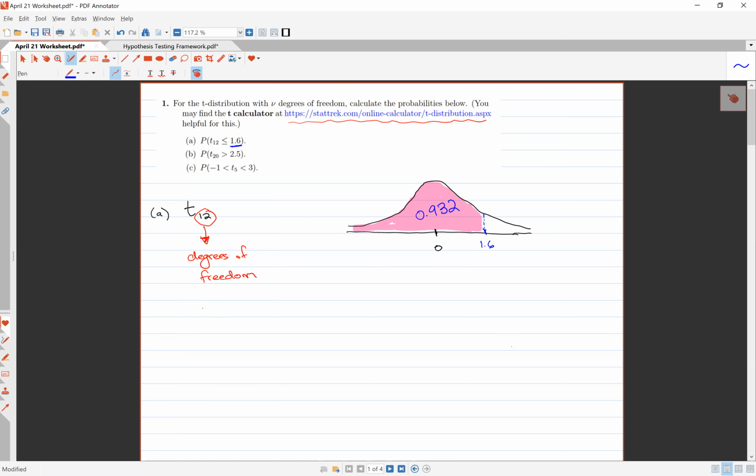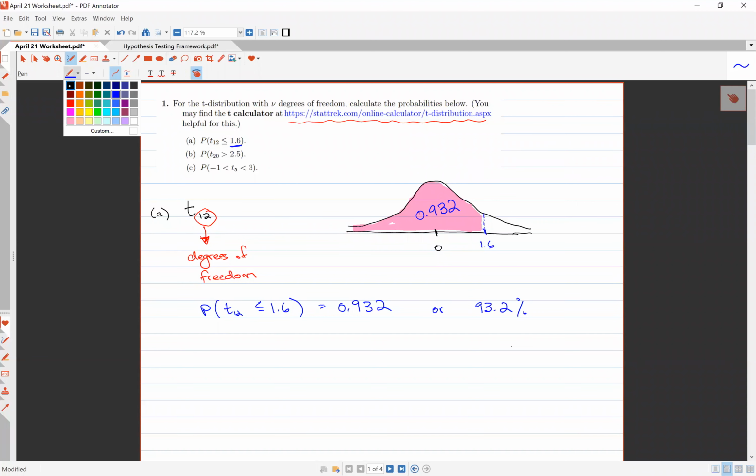So in this case, direct application of that calculator said the chance, if I know I'm working with a t-distribution with 12 degrees of freedom, the chance that I select a random number from that population and that value is less than or equal to 1.6 is 0.932, or of course 93.2%. So that's a very plausible scenario, right? Happens 93.2% of the time.